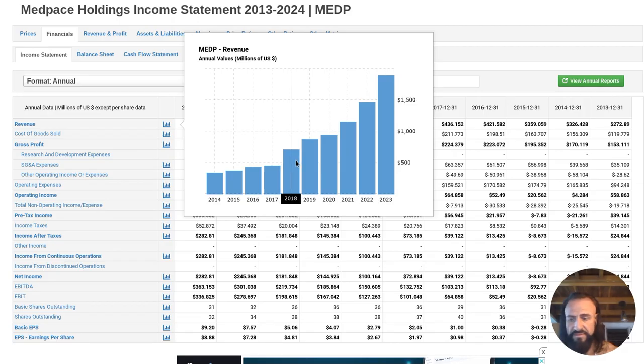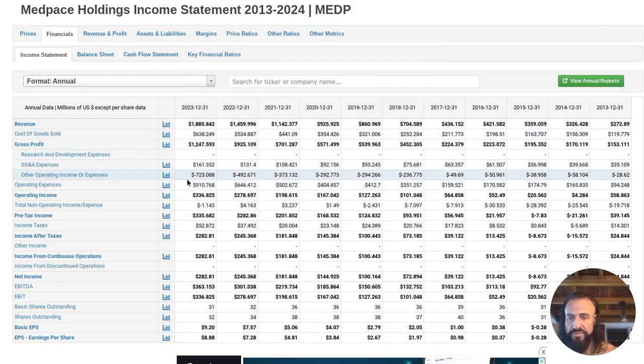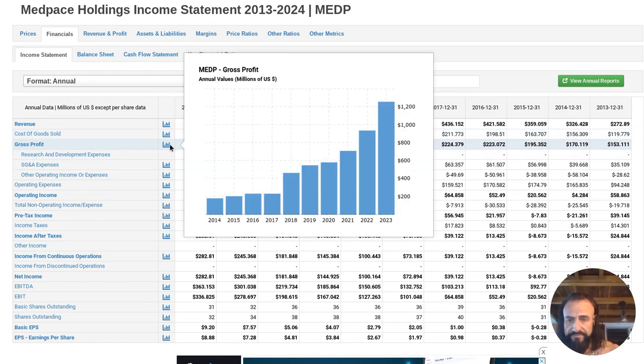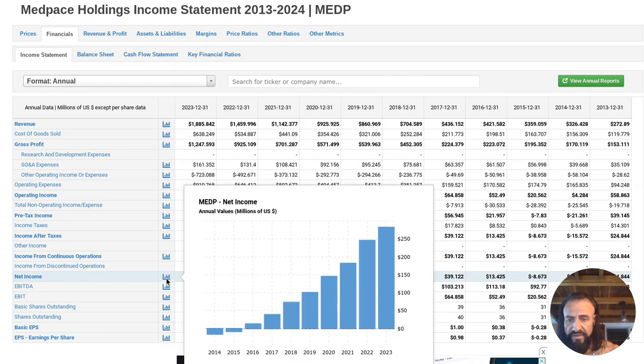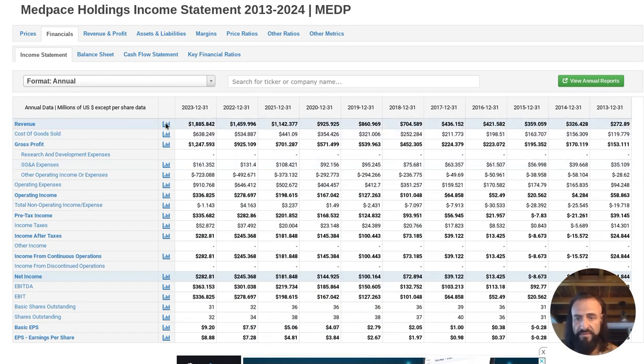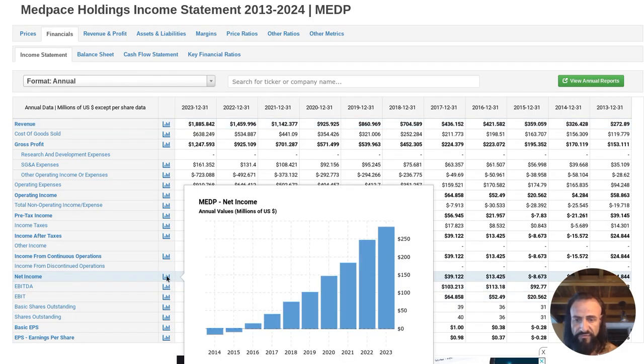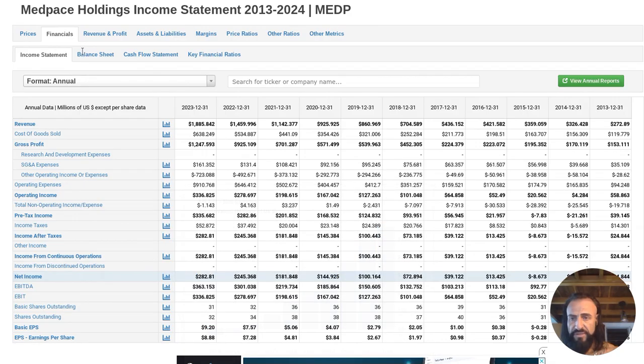Here you can see how year over year they were able to raise the sales, the gross profit, the net income. It looks pretty good to me. This is a good company. In 2023 they sold about 2 billion, and they cleared over 10% of that. I think it's pretty good.